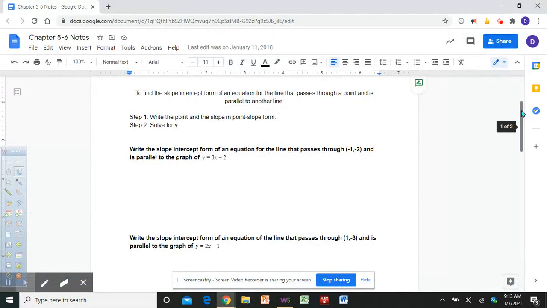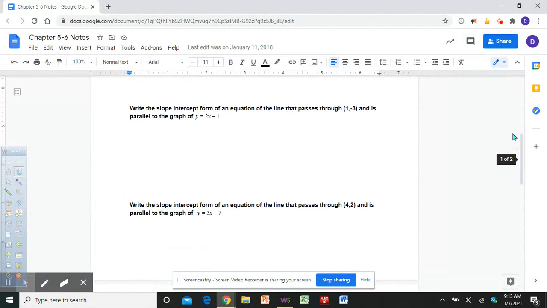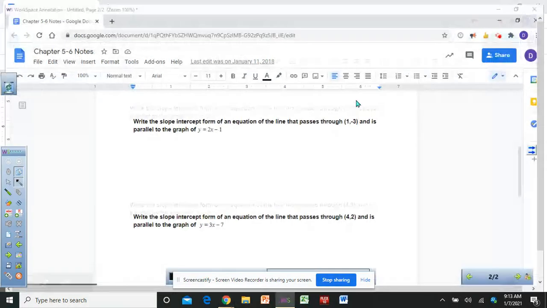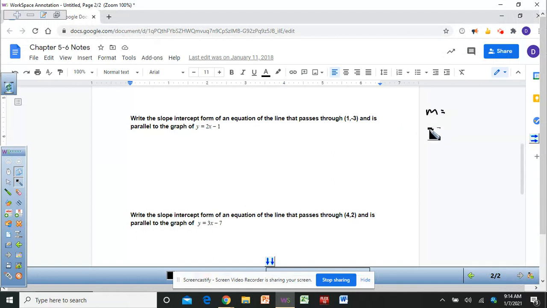Okay? So that is parallel lines. That is how quick they'll go. So like, look at this next one. We need a slope and we need a point. I'm just going to put a point right there. So they're telling me that I need to find a line that passes through 1, -3. So there's a point I need, and is parallel to 2x minus 1. So that means my slope is going to be 2.